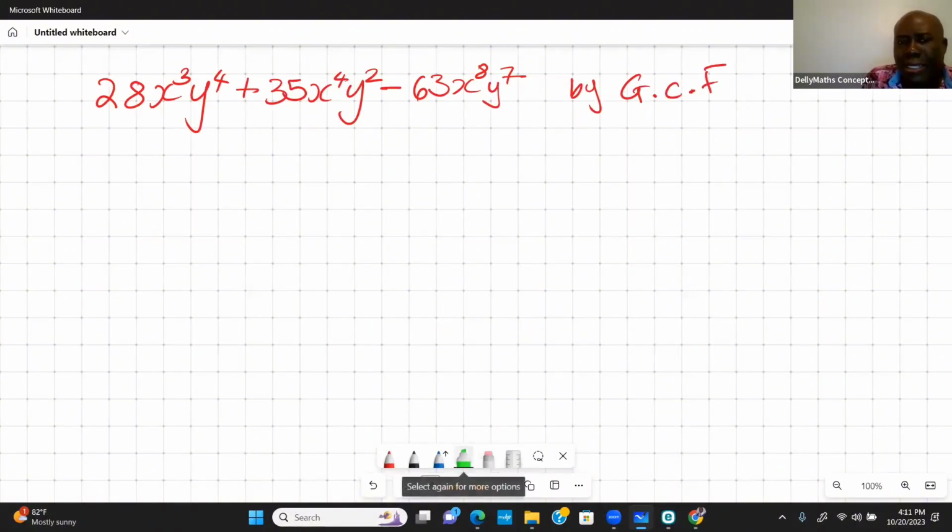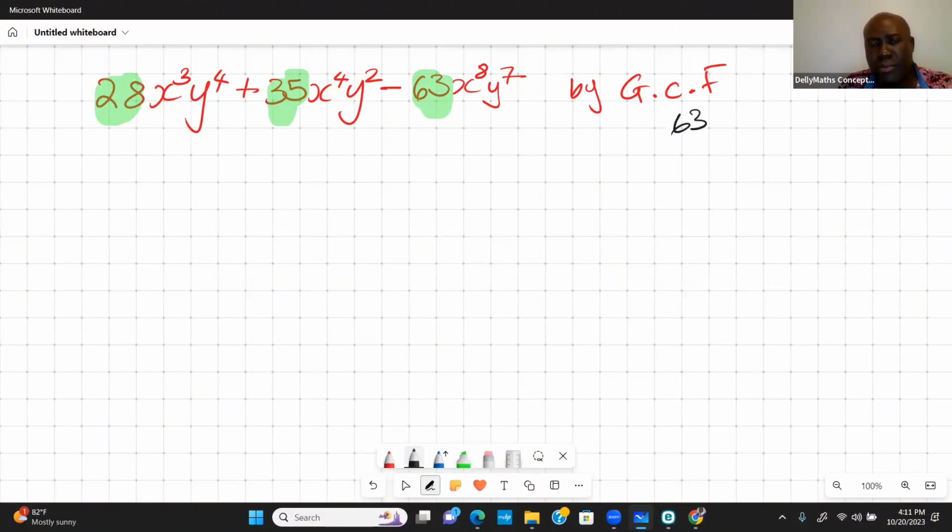All right, so let's take a look at the coefficients. We have 28, 35, and 63. A very quick way to find out what number works, if there is one, is to look at the smallest number here. We have three coefficients: 63, 35, and 28.